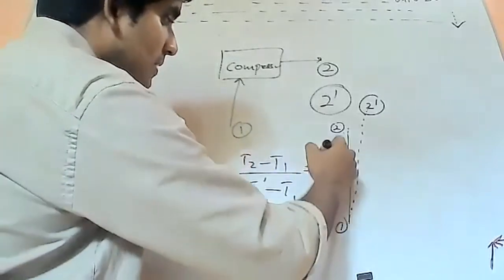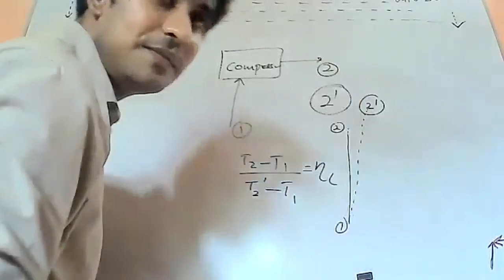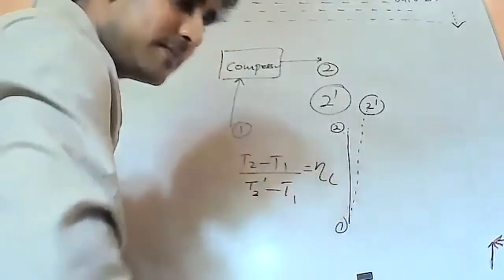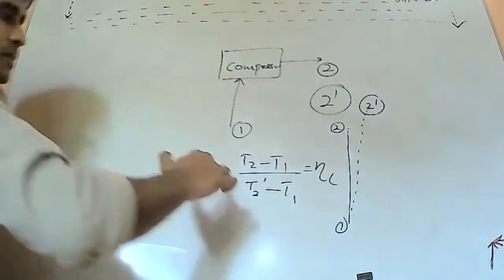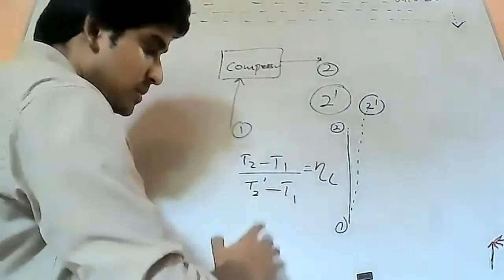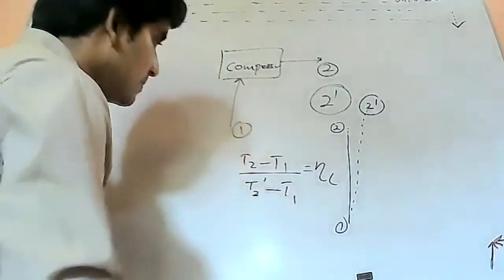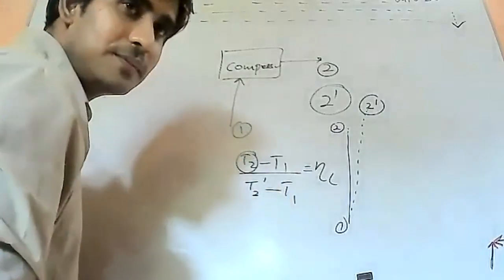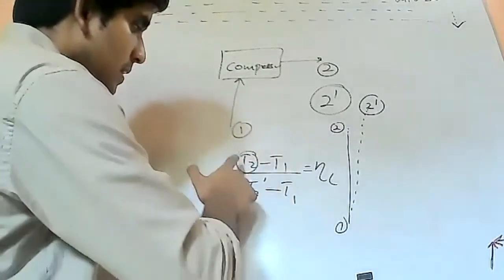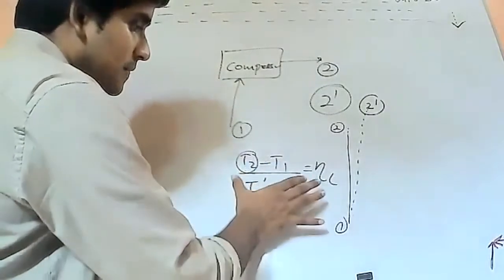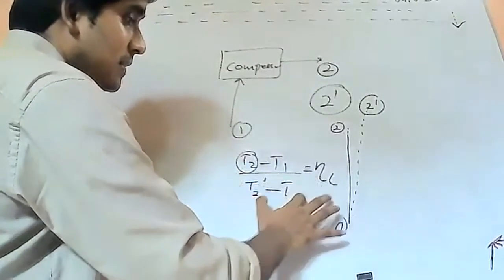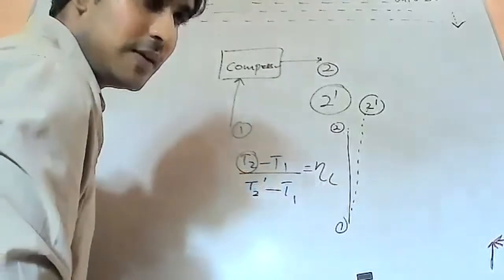So that equals the efficiency of the compressor. So I hope that is clear, right? T2 dash is the actual scenario, T2 is the ideal scenario. Okay, right. So T2 minus T1 divided by T2 dash minus T1 equals efficiency of the compressor.